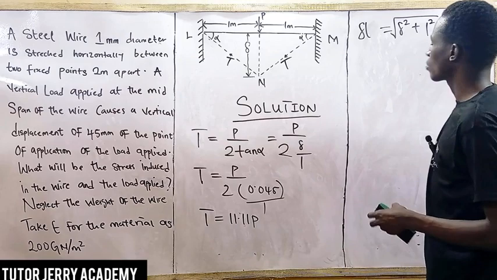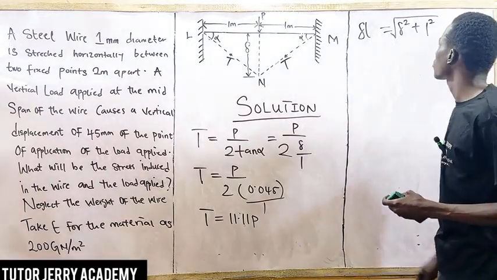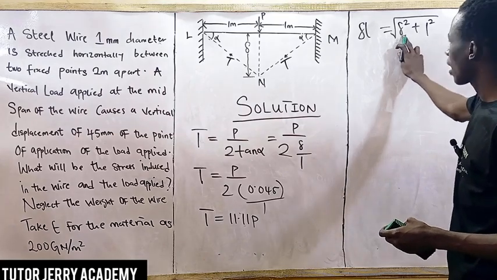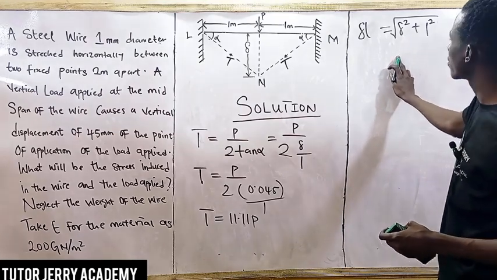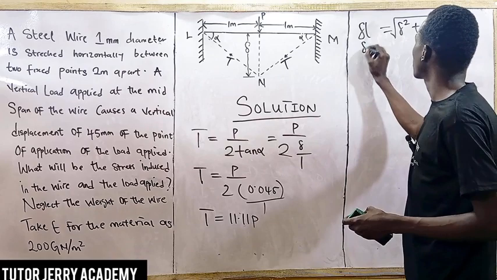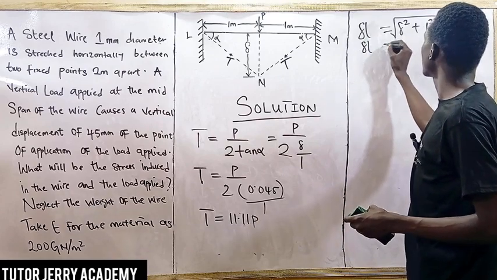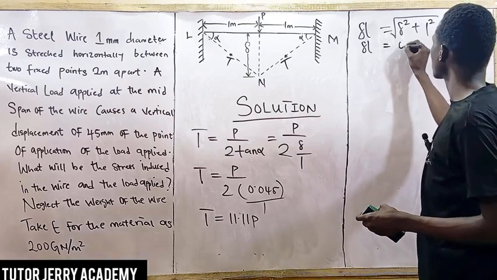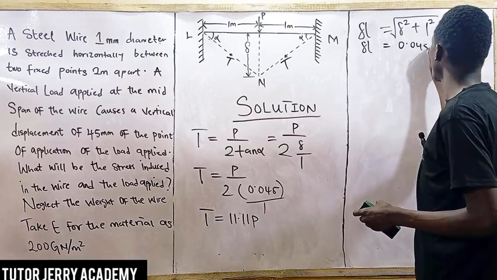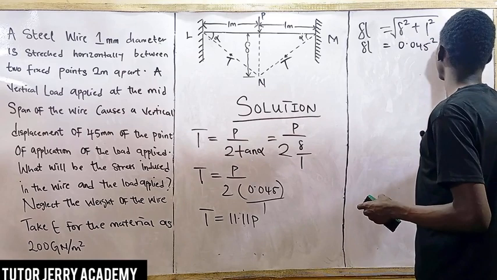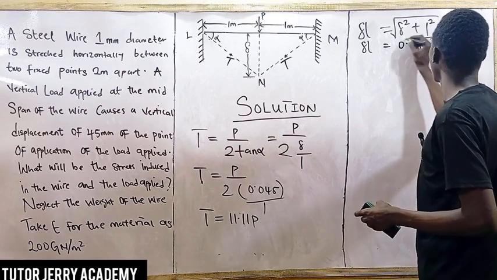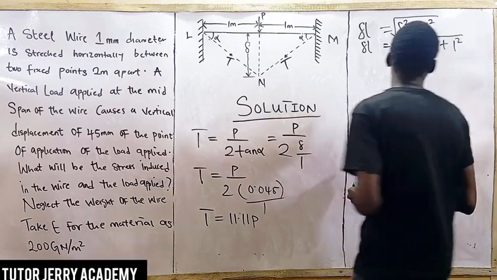Next, we know that our displacement is 0.045. So L is equal to the square root of 0.045 squared plus 1 squared.